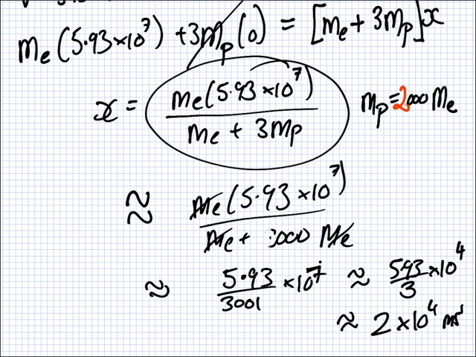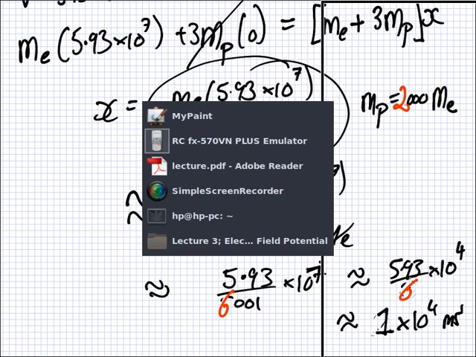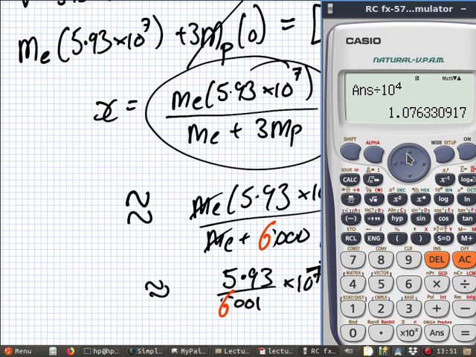So that here would be 6,000, which makes this one 6,001. Okay. So my answer was 1 times 10 to the 4, whereas the true answer is 1.08 times 10 to the 4. So without a calculator, you can get a pretty accurate answer. If you want to write the true answer down, that's it, 1.08.